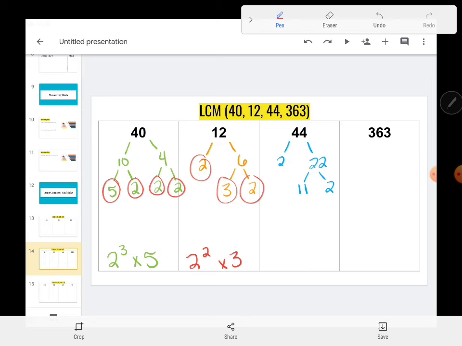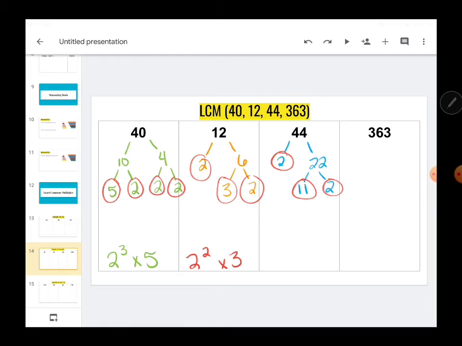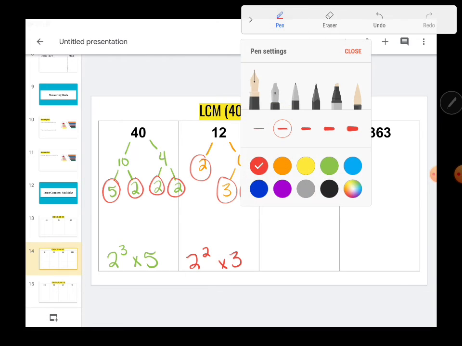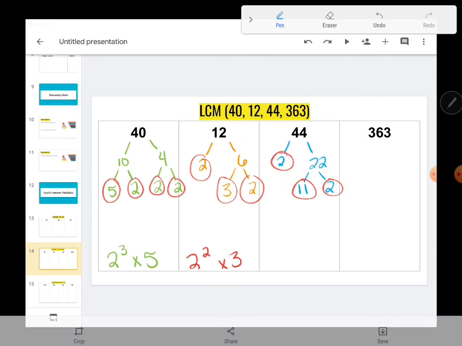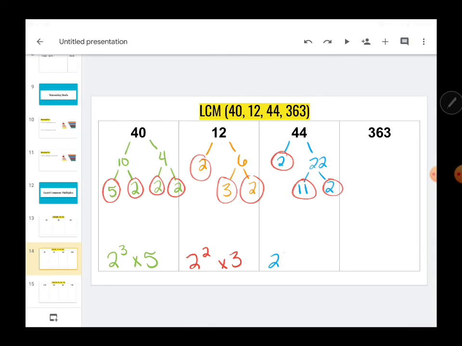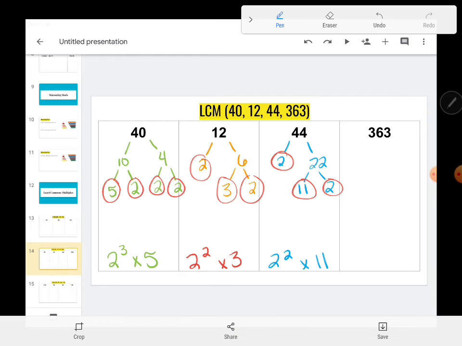So once we figure that out, we'll notice we can't really break our numbers down any more than they're already broken down. Therefore, 2 times 11 is going to be our part of our problem for this number. So now all we need to do is write 2 to the 2nd power, since we have 2 2's, times 11.